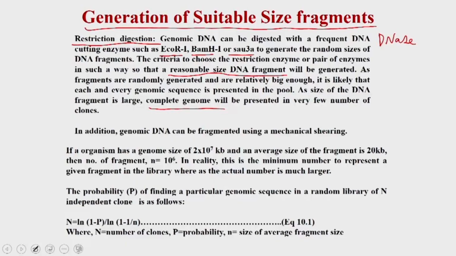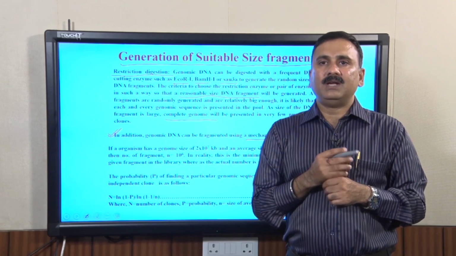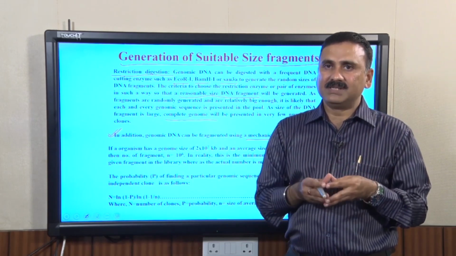The other way of generating suitable size fragments is mechanical shearing. For example, you can use a vortex. So, if you isolate the genomic DNA and vortex it, it will also shear the DNA and generate fragments.